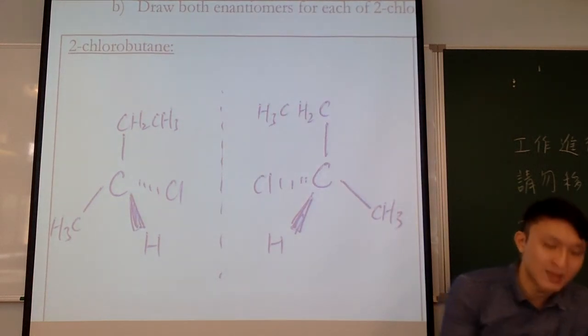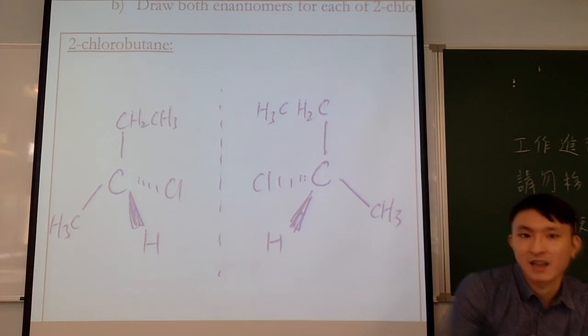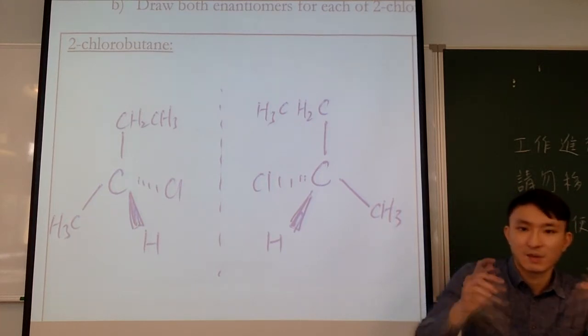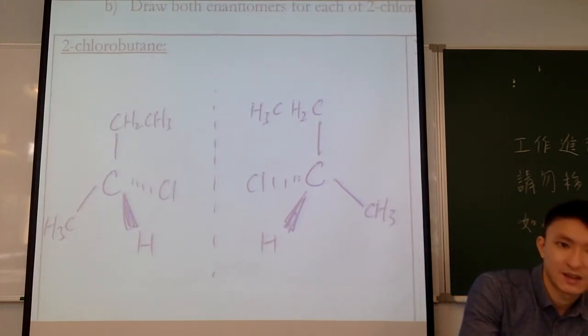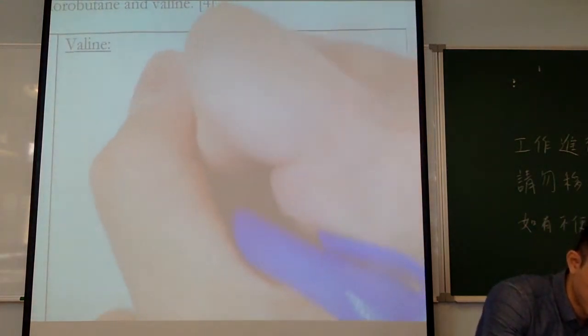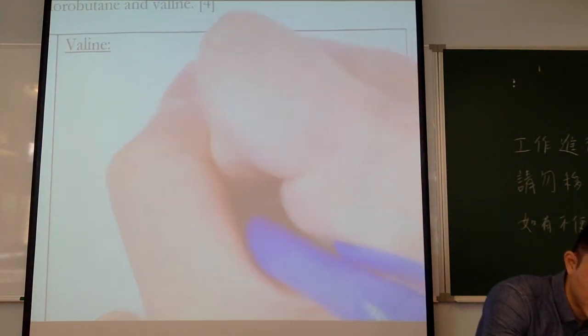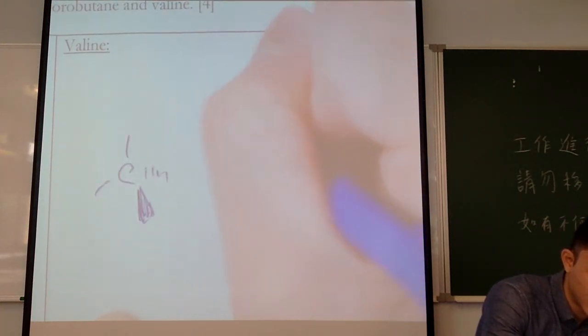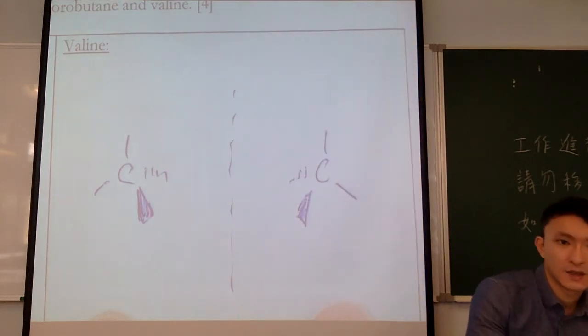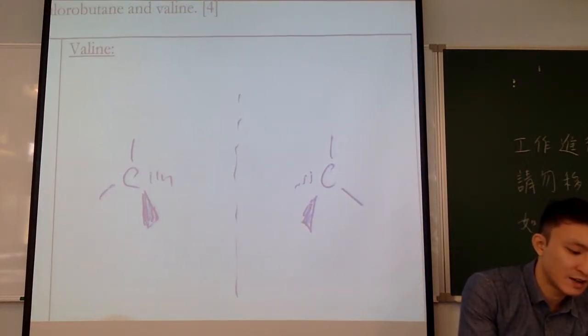Alright? So similar things go for valine. Again, we draw the tetrahedral framework, and then we plug in all the items. Okay, so for valine, we have a hydrogen atom, an isopropyl group, amino group, and carboxyl group. It doesn't matter which way you put them.